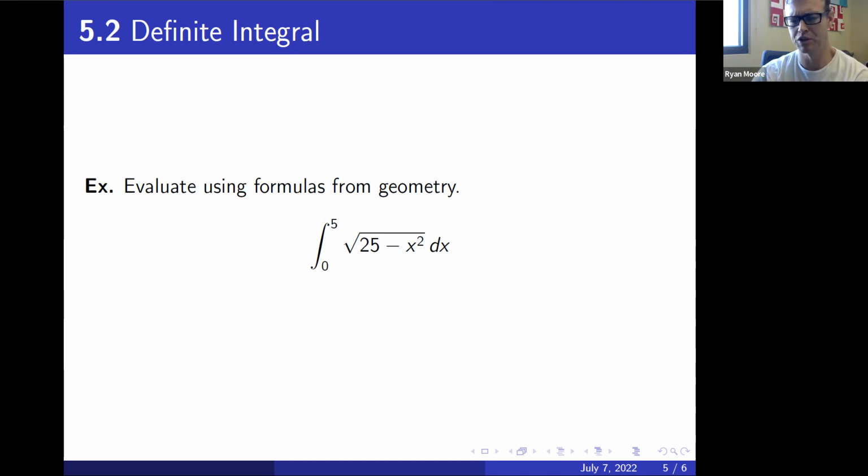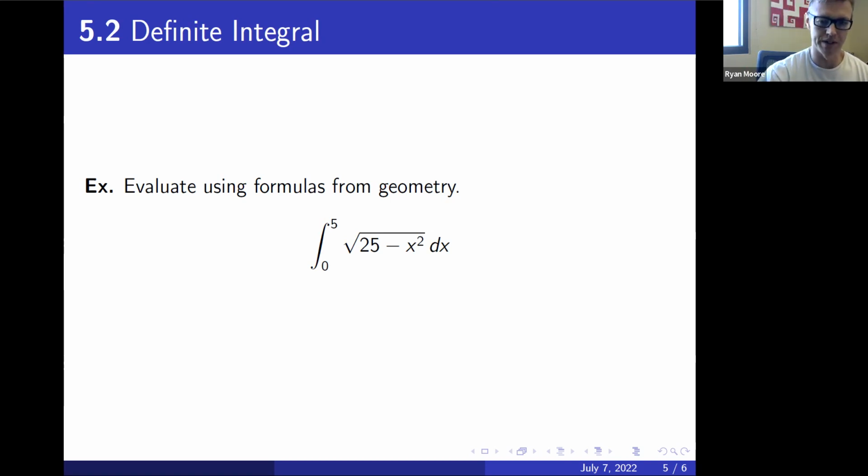Something like a function with the square root, right? We don't have summation formulas for that sort of thing. But we still could figure out the definite integral if we thought of it as a shape and we used area formulas that we know from geometry.